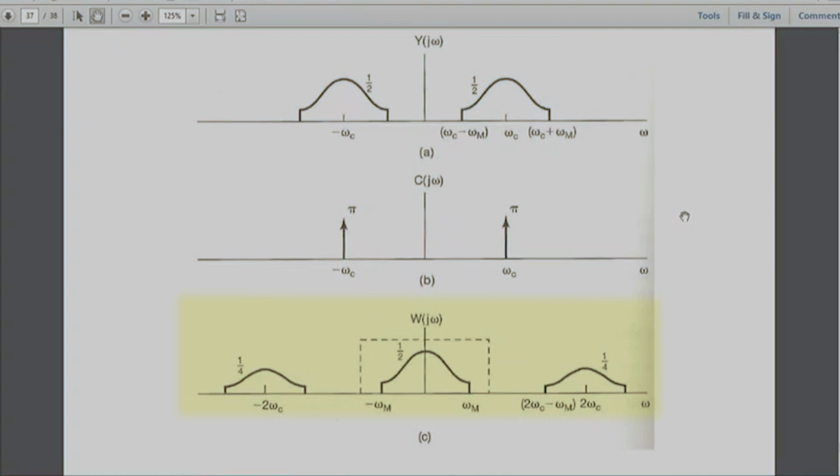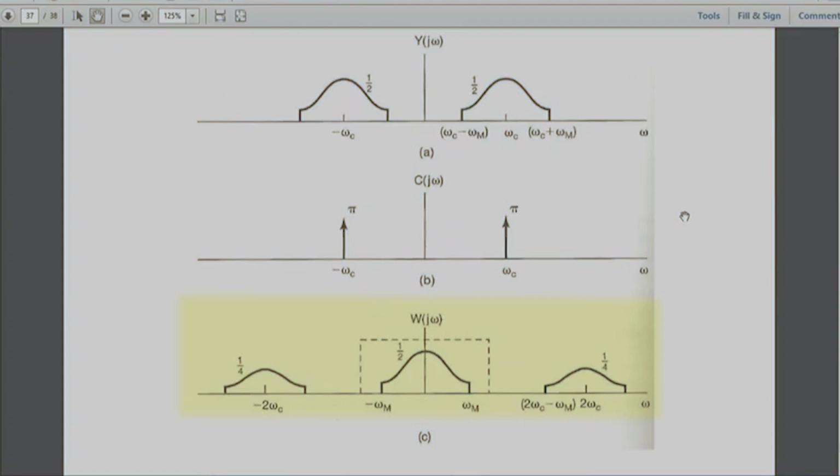And then the 2 copies that were shifted to the middle to be centered at 0 each had a scale factor of a quarter, so when you add them up, you get a half. And look what you have. You have a copy of x of j omega right where you want it to be, not shifted anywhere. It is scaled by a half, but we know how to undo a scale factor of a half. Just multiply the signal by 2.